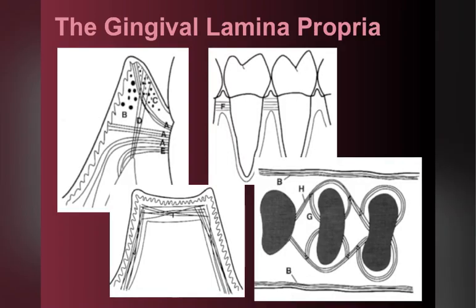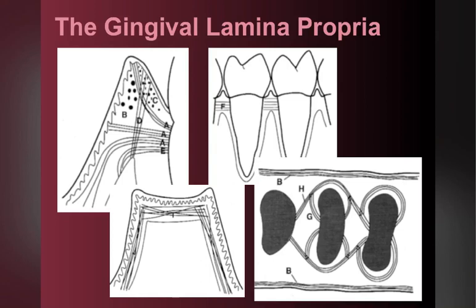Here in this figure we see different types of gingival fibers. Here A refers to dentogingival fibers, from cementum to the lamina propria of the gingiva.